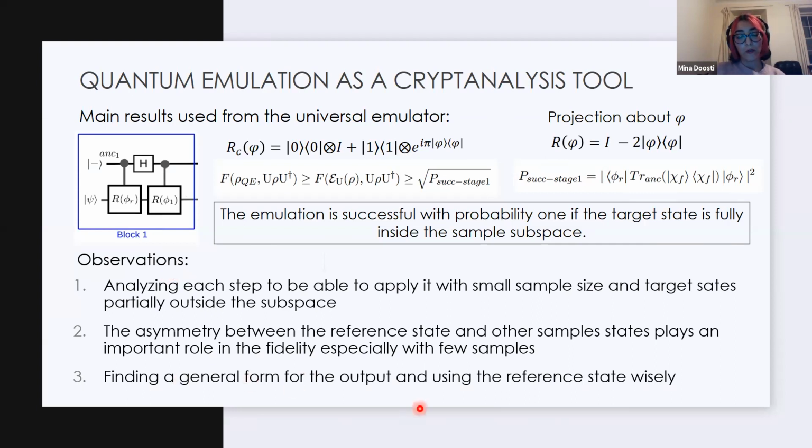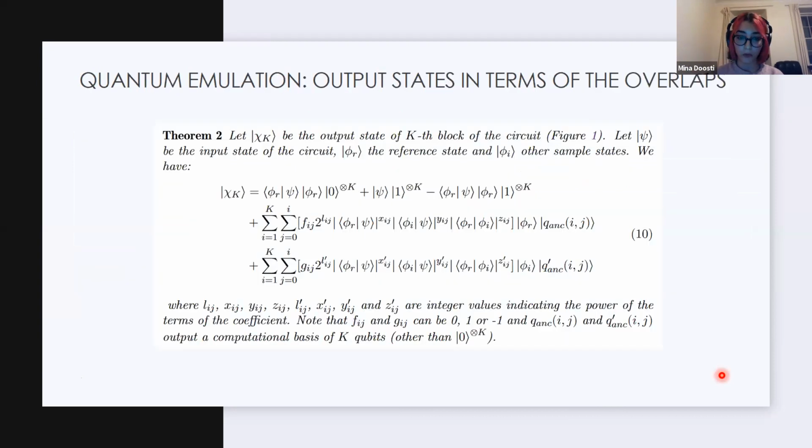After that, we wanted to find the output form, like a structure of this algorithm after k steps, so that we can play around with the reference and other sample states. So that's what we did. And we have shown that after k blocks, you can write the output of the quantum emulator as an expansion like this.